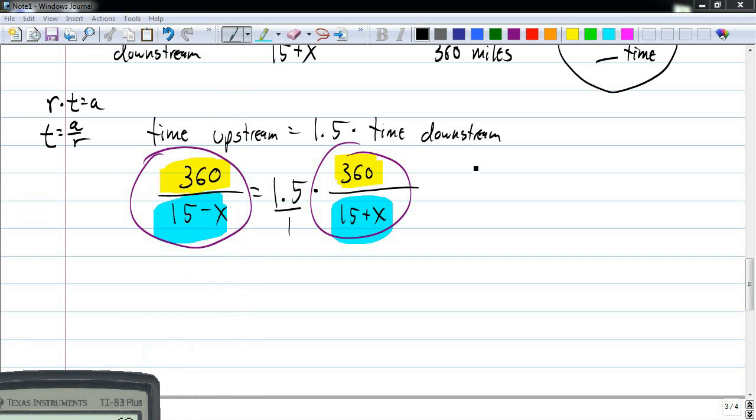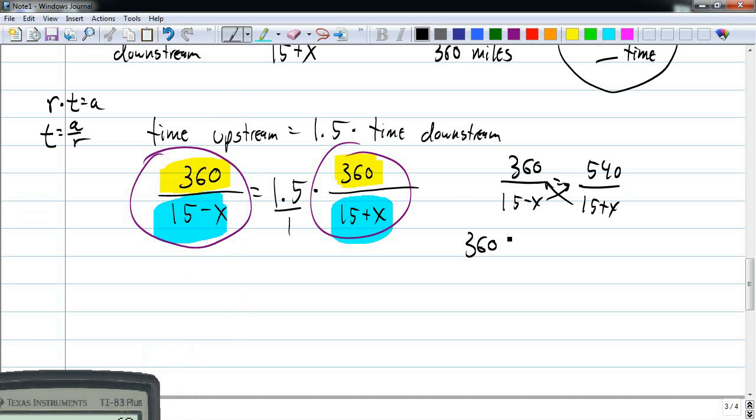So I'm going to have 360 over 15 minus x equals 540 over 15 plus x. This is a proportion, so I can cross multiply. 360 times (15 plus x) equals 540 times (15 minus x).